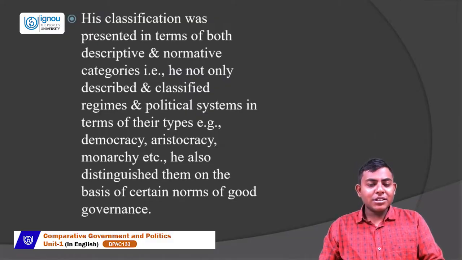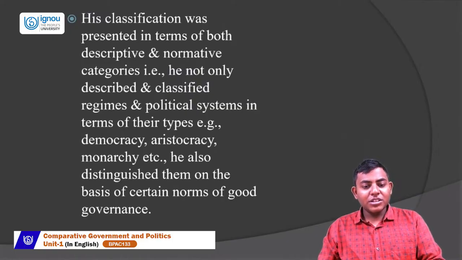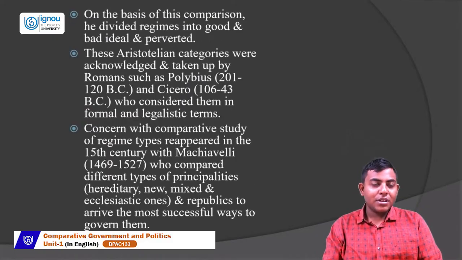He not only described and classified regimes and political systems in terms of their types, for example, democracy, aristocracy, monarchy, etc., he also distinguished them on the basis of certain norms of good governance. So, on the basis of this comparison, he divided regimes into good and bad, ideal and perverted.